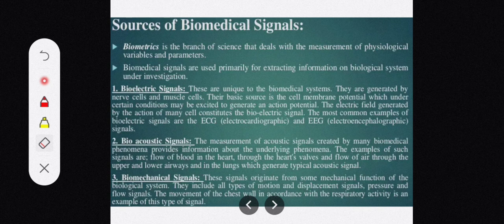For example, the motion of the chest wall is a good example of a biomechanical signal, because it's a mechanical function of a biological system. This type of biomechanical signal includes all types of motion and displacement signals, pressure and flow signals.